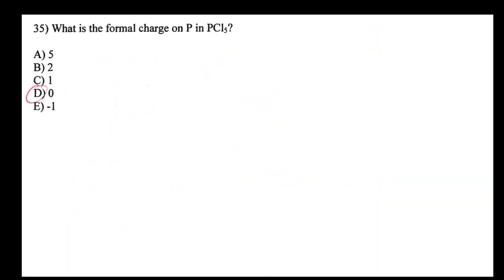All right. What is the formal charge on phosphorus in PCl5? Remember that chlorine is our halogen, so that's in the furthest right with the exception of the noble gases. Those are always going to have a charge of -1. Remember I always like to do this as a math equation.